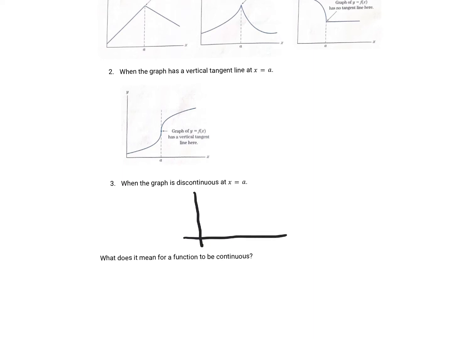Say we had some sort of line as the graph, but there was a hole at A. We could not find the tangent line at that point because there is no y value at x equals A. Because it's discontinuous there, we would say it's not differentiable there.